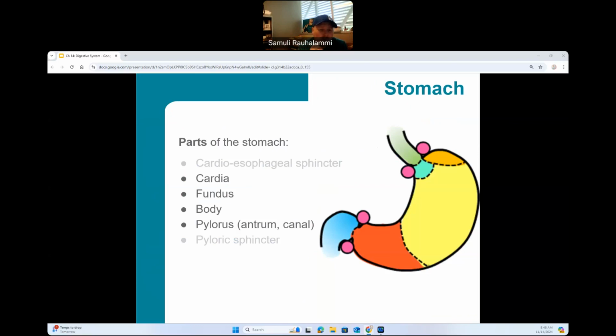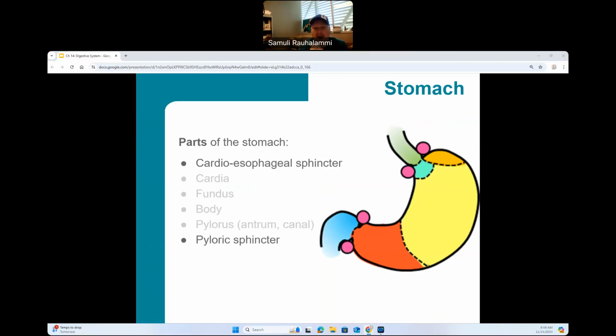I also wanted to talk about two sphincters that we see with the stomach. They're symbolized on this diagram as those kind of pink circles. We're going to start from the top. The sphincter known as the lower esophageal sphincter, or I think that textbooks often also call it the cardioesophageal sphincter. This is a sphincter that separates the esophagus from the stomach at the level of the cardia.